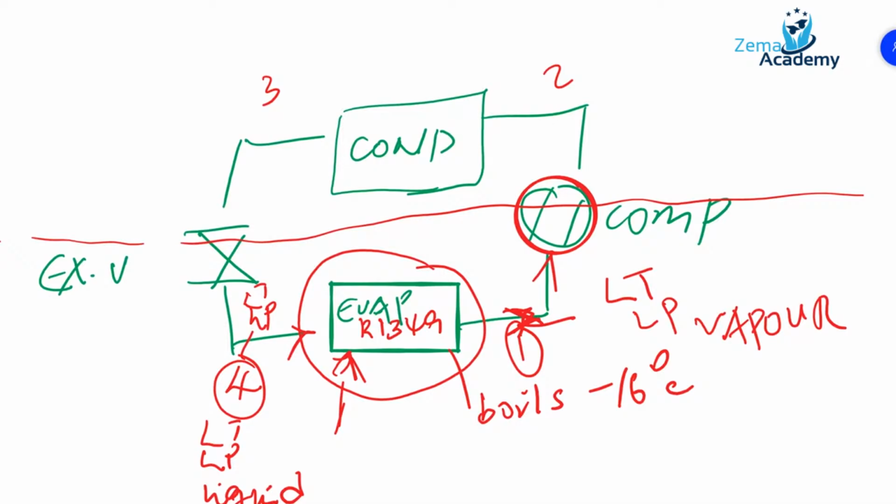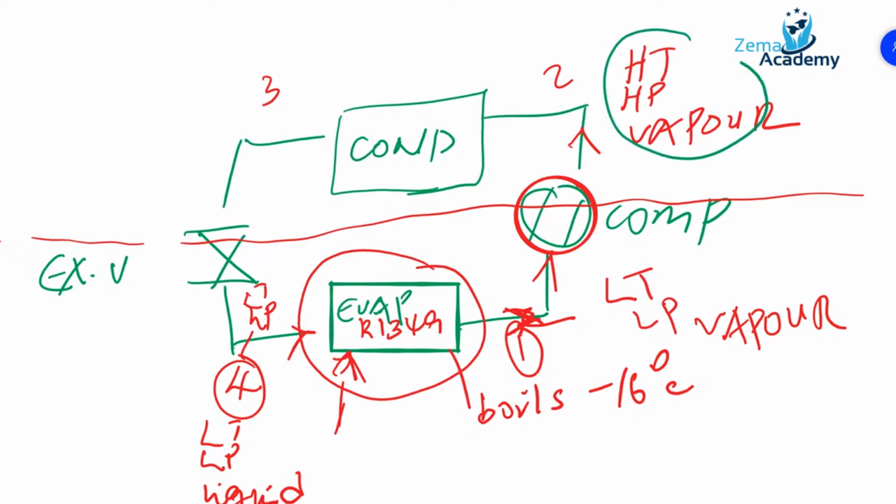The benefit of a vapor or a gas is that by compressing it and reducing its volume, we are able to change its properties. So we use the compressor to reduce the volume of that low temperature and low pressure vapor, and when it comes out it is a high temperature and high pressure vapor.